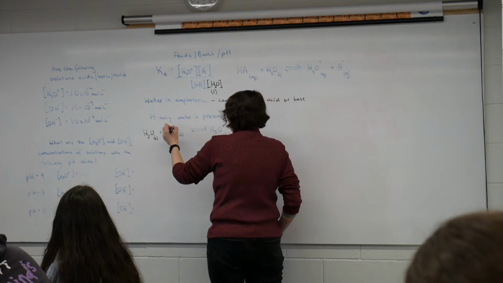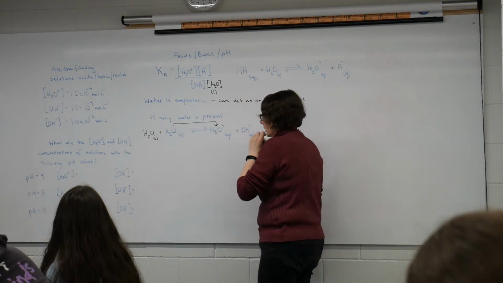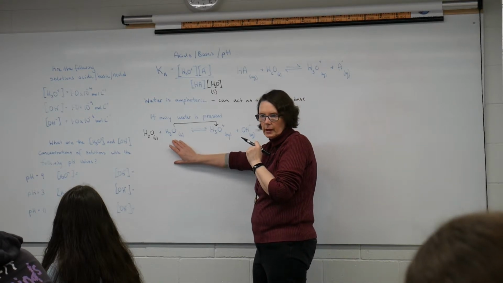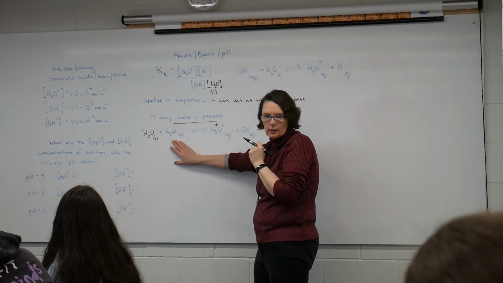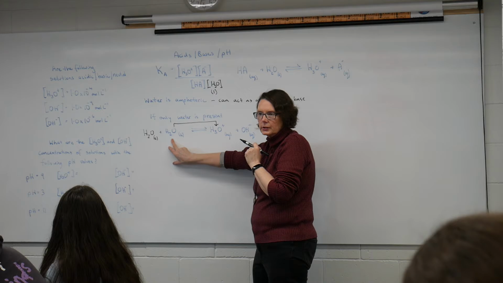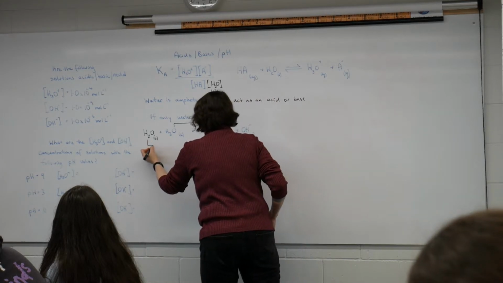So if I drew a line like that, what's the water acting as, an acid or a base here? Is the blue water acting as an acid or a base? And what about our black water?